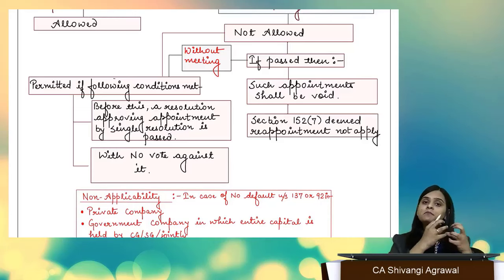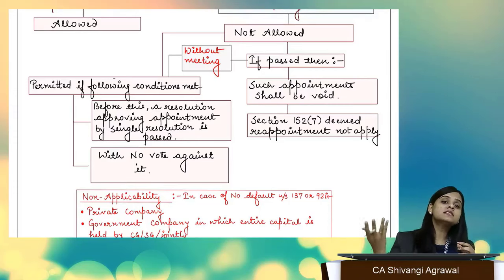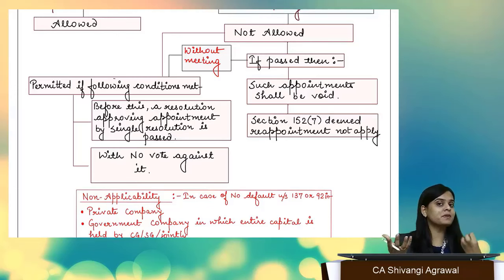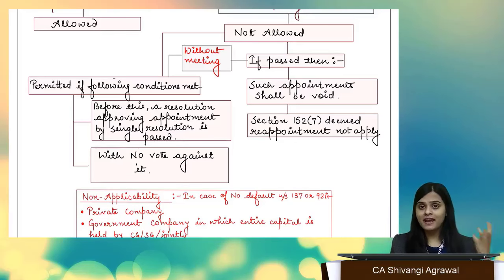So you are taking prior permission from the members for proposing a single resolution, and when you obtain this prior permission, it's not going to be OR, it's not going to be SR, it's going to be a resolution with no vote against it. That means there shouldn't be any objection raised to the passing of the single resolution. Before a single resolution, there has to be another resolution which has to be passed. Okay, fine, ma'am.